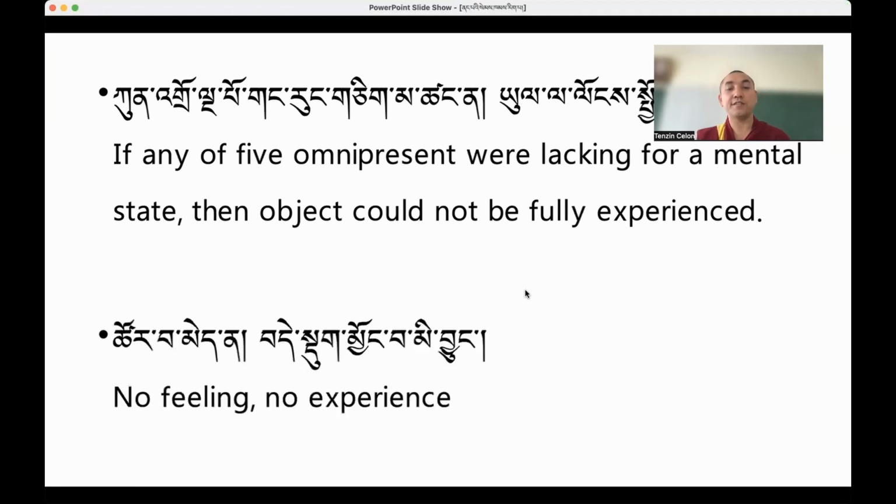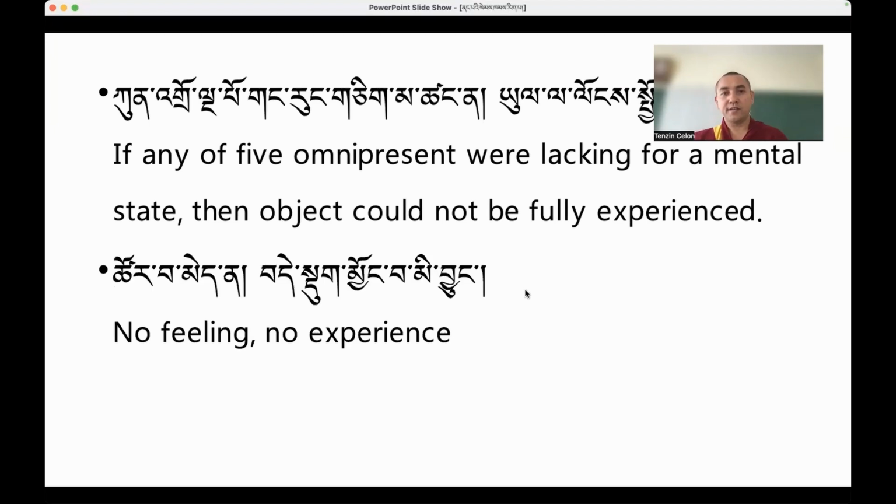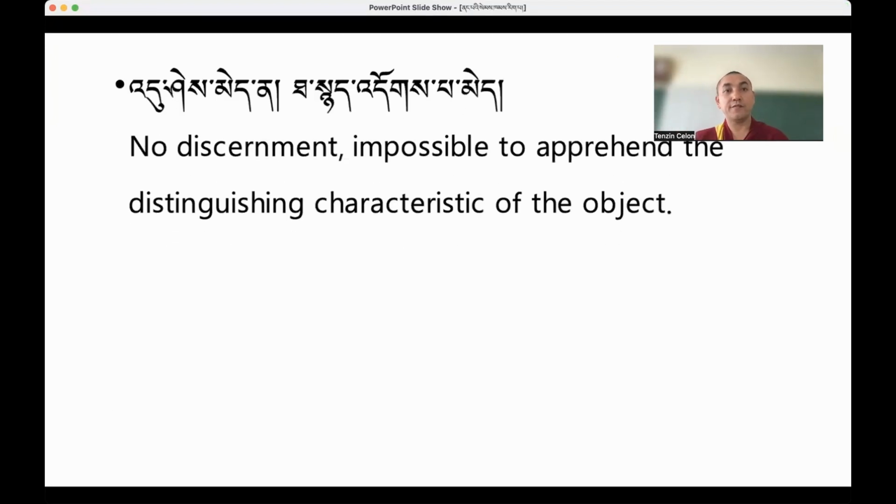If there is no feeling, there would be no experience. If there is no discernment, it would be impossible to apprehend the distinguishing characteristics of the objects.